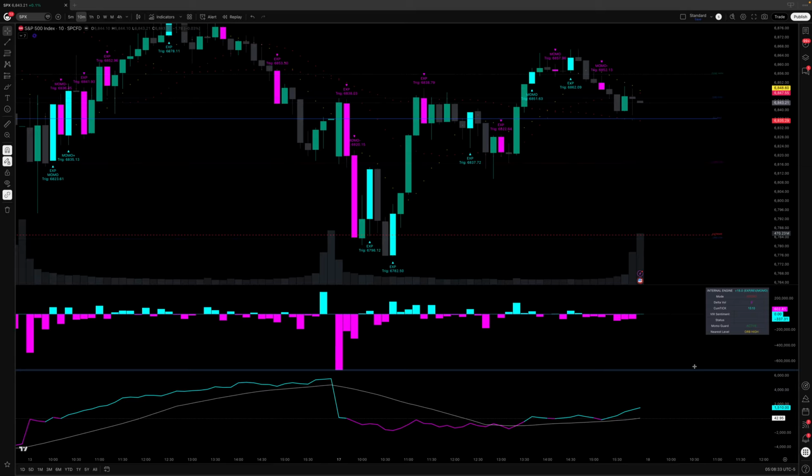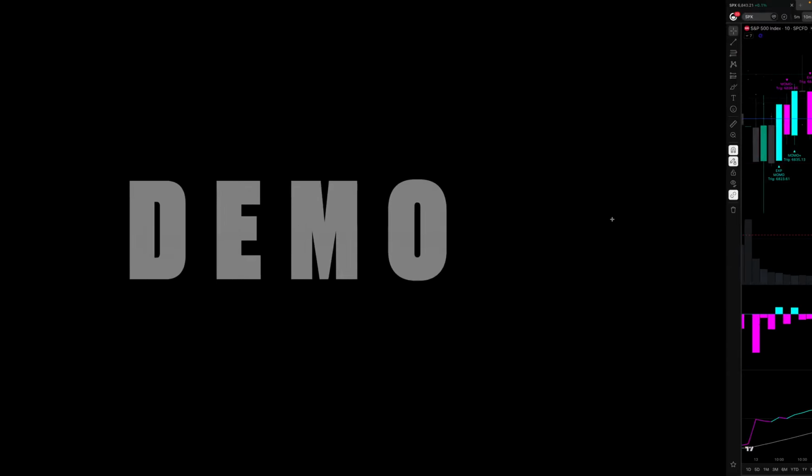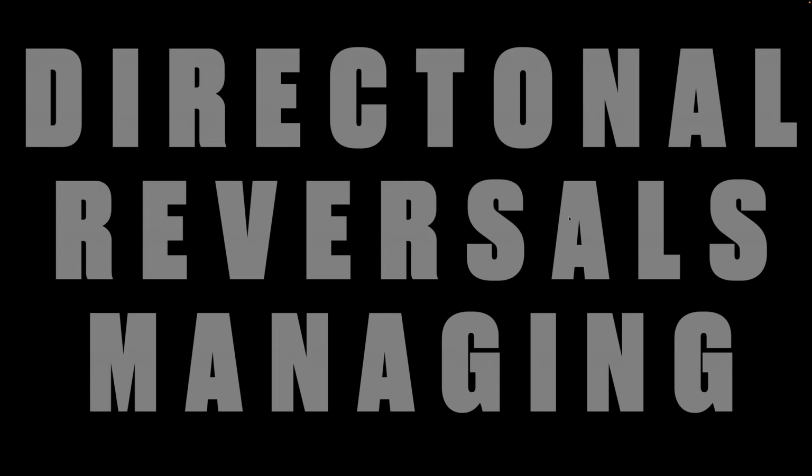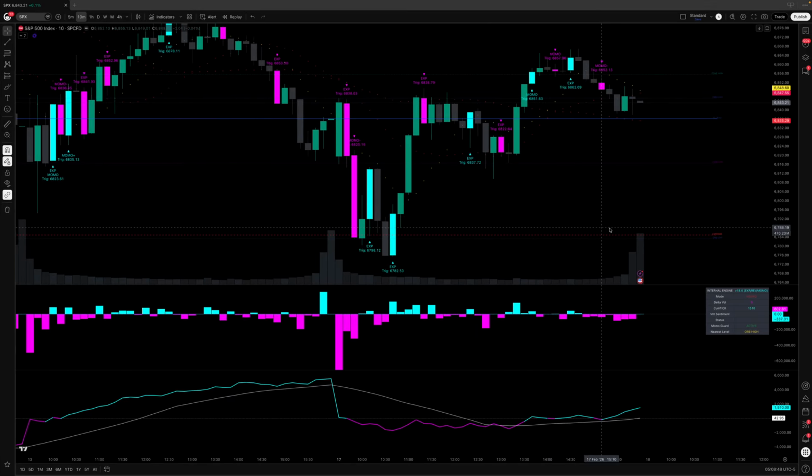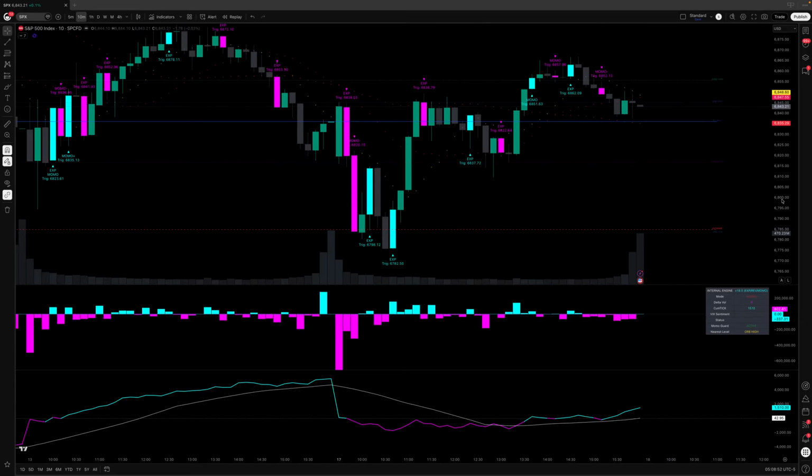But we need to look at this from the context of directional, reversals, and management. Okay, so I'm going to walk you through a few different scenarios that explain that. But before that, let's talk about what we're looking at. So this is a 10-minute chart, and there are a lot of lines. They're just resistance and support. Okay, they're derived in various ways.